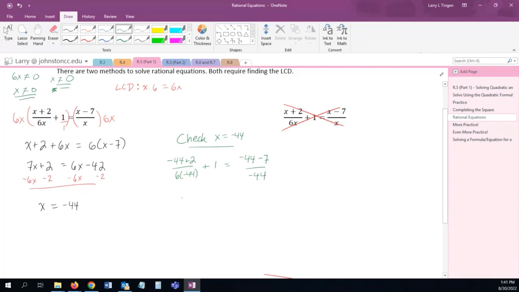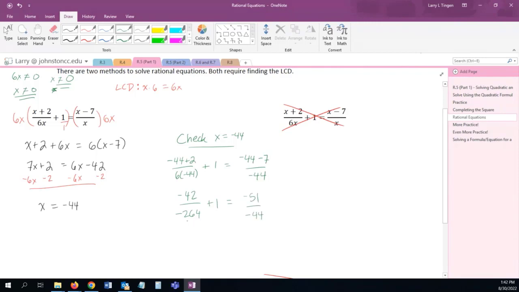All right, negative 44 plus 2 is negative 42. 6 times negative 44 is negative 264. Negative 264. I said 4 and I wrote 5, and I don't know why. Plus 1 is equal to negative 44 minus 7 more. It's negative 51 over negative 44.